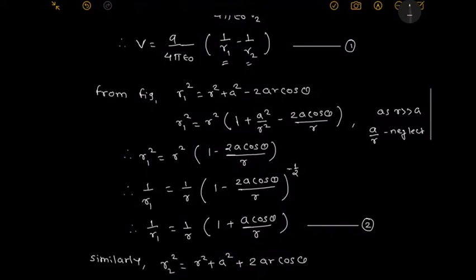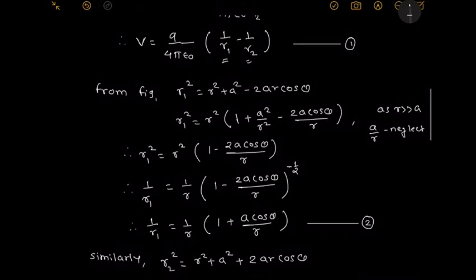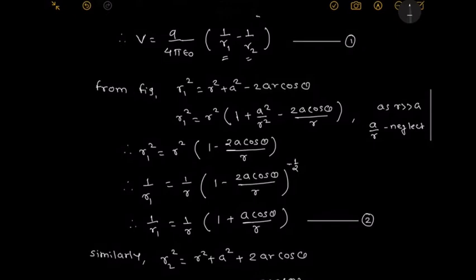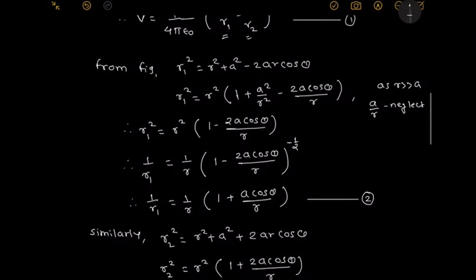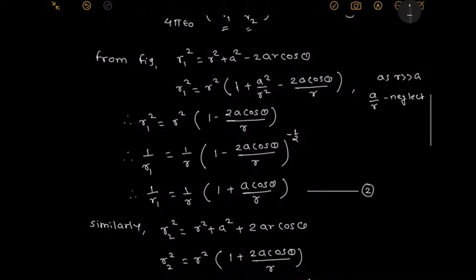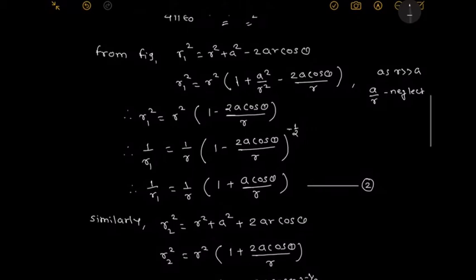Similarly, we also find 1 by R2. Hence, again use the geometry of the above figure. R2 square is equal to R square plus a square plus twice a R cos theta. In that equation, on one side take R square common and neglect a square by R square as in the earlier step.